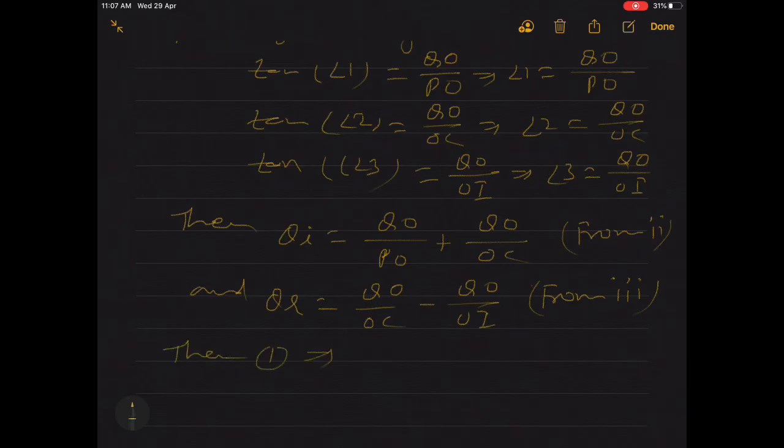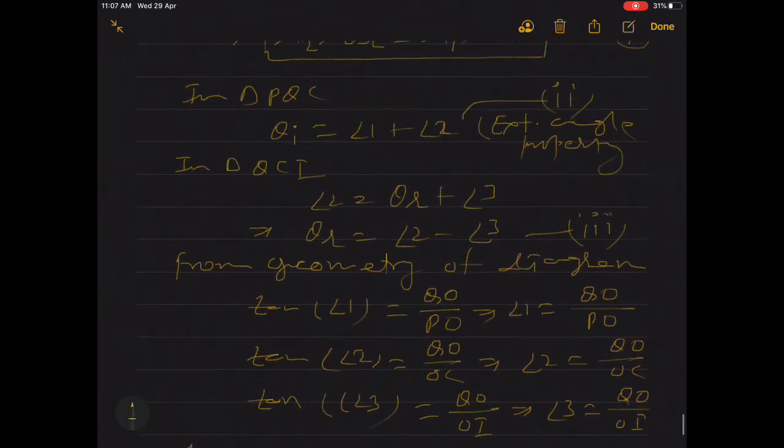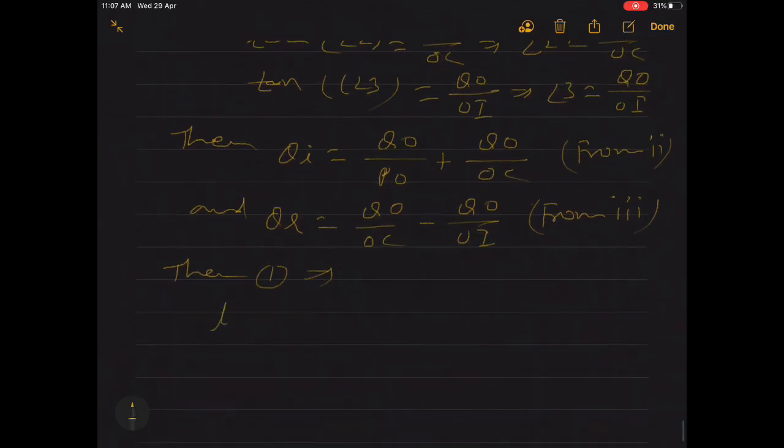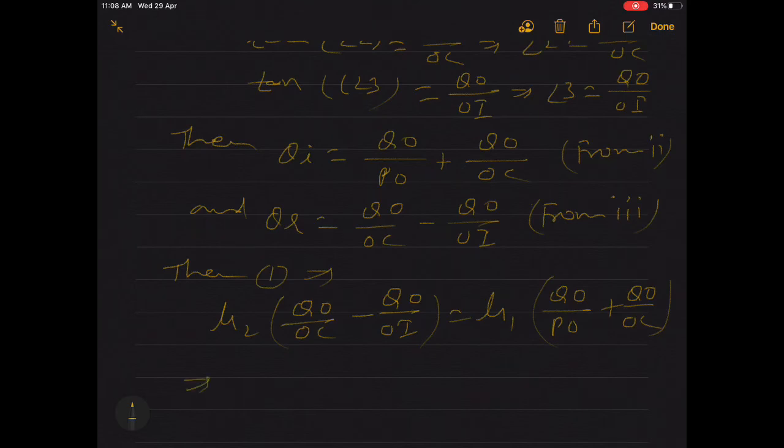Then equation first will turn to mu2 into QO upon OC minus QO upon OI is equal to mu1 into QO upon PO plus QO upon OC.